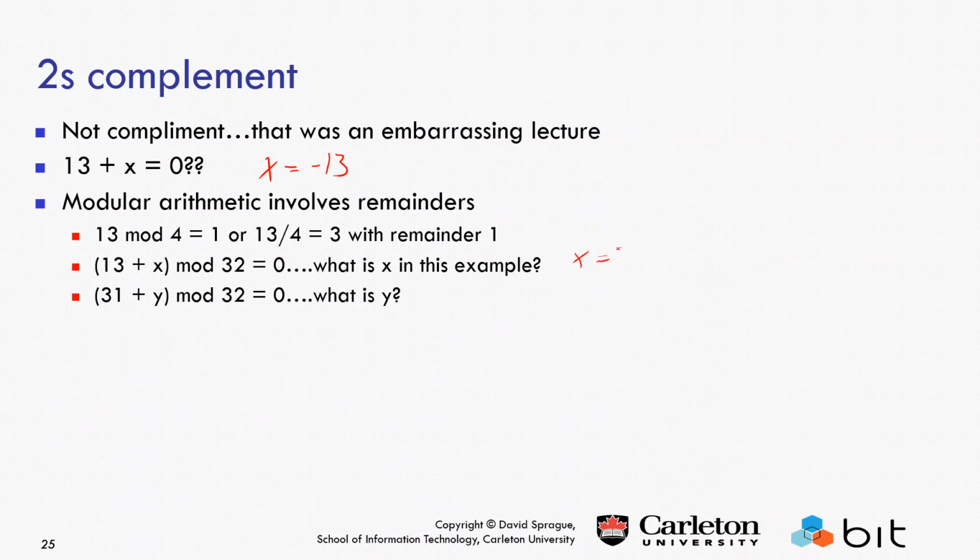Well, x is equal to 32 minus 13, right? Which is, I guess, 19. Yeah, it should be 19. Okay, why is it 19? Because 19 plus 13 gives me 32. 32 mod 32 is equal to 0.